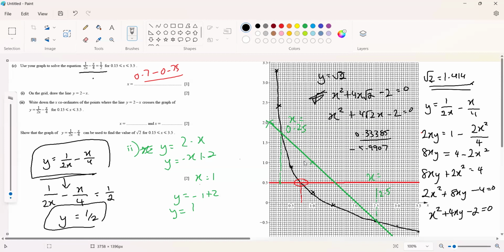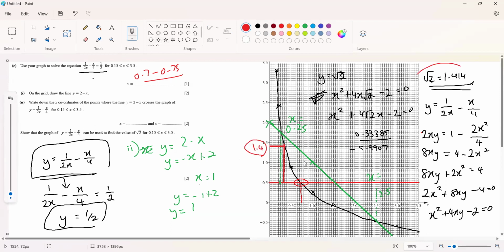If you look at it, 0.3385 in this case, 0.3 is somewhere around here. This is 0.5, 0.4, 0.3. So it's somewhere around here. From this x equals 0.3, we will be able to gather that this is about 1.41, so somewhere around 1.4.